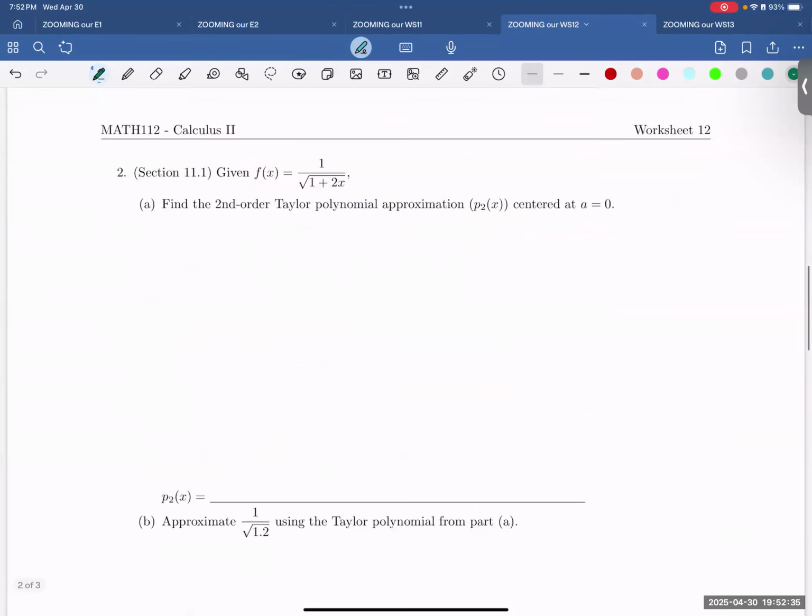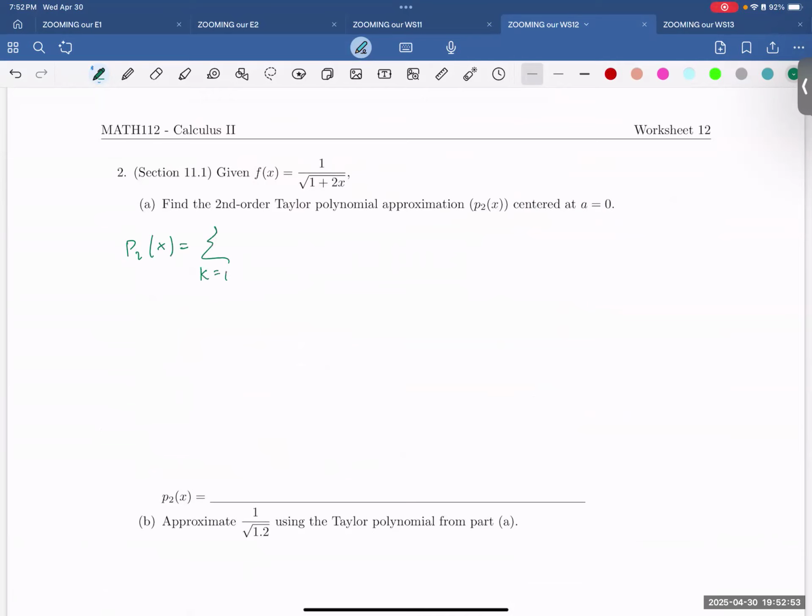Moving on, second order Taylor polynomial for the approximation centered at 0. Let's see. So this is just a Taylor polynomial. We have the second order Taylor polynomial.